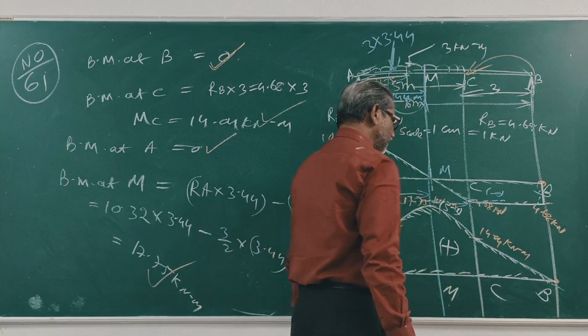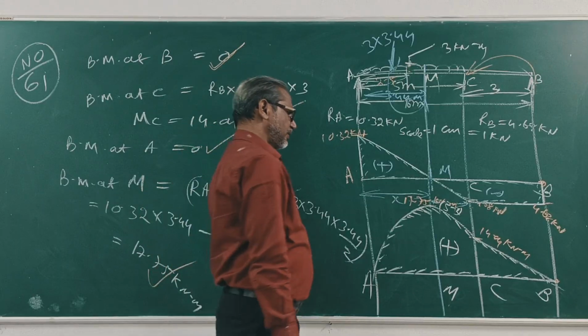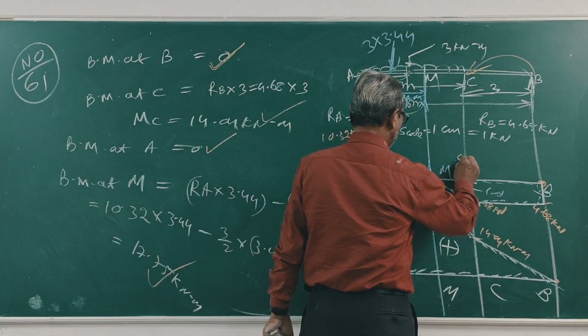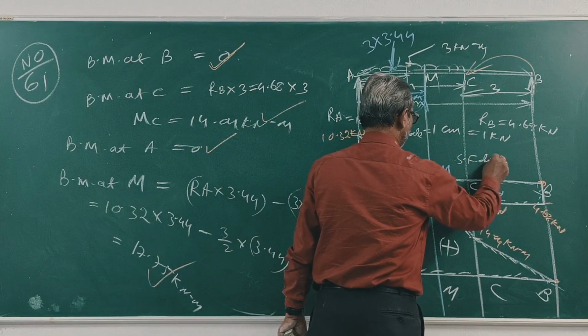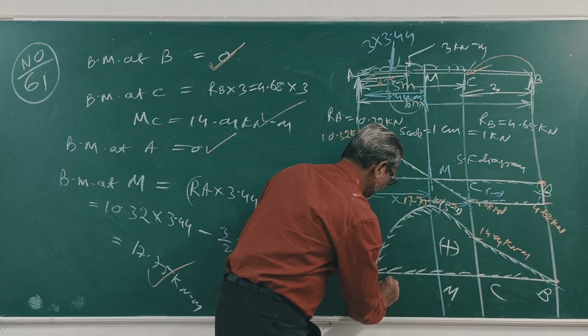All are positive, so the diagram is above the baseline. This is the SF diagram. This is the BM diagram.